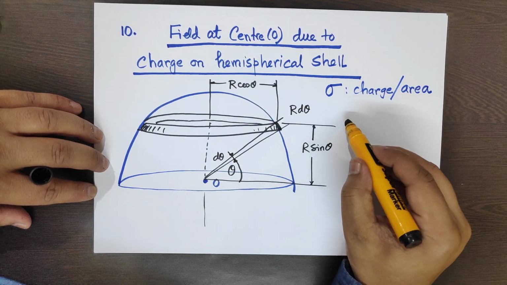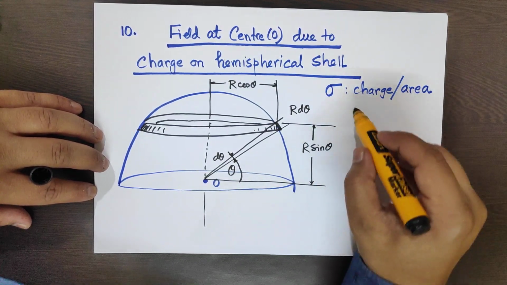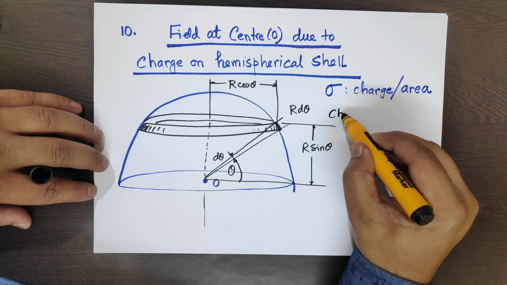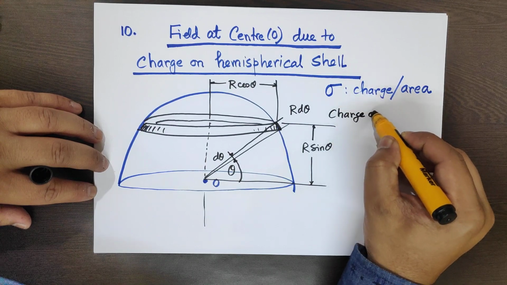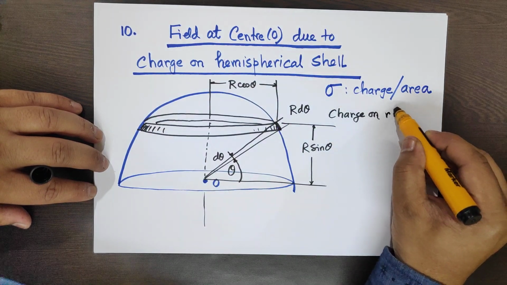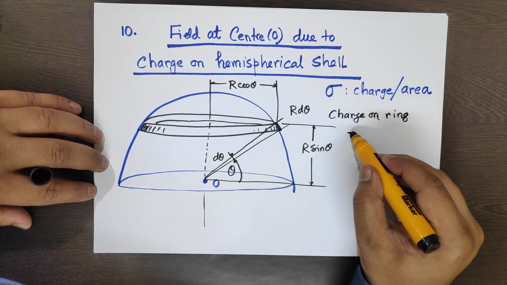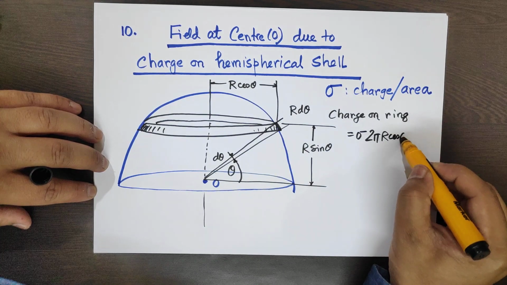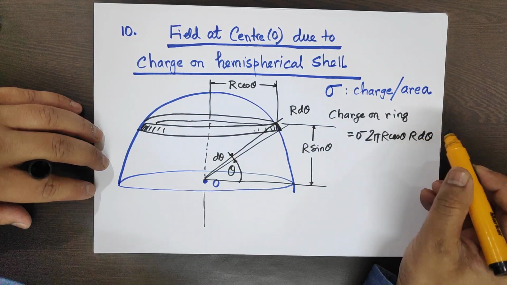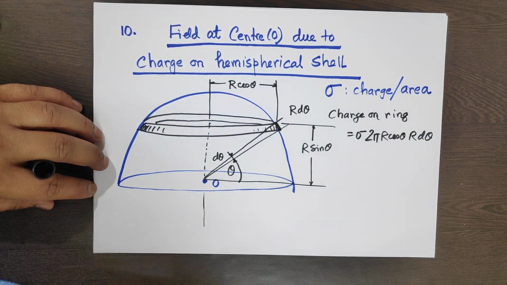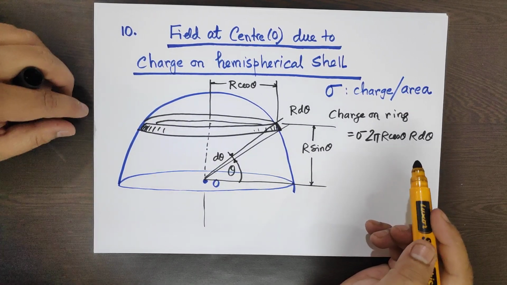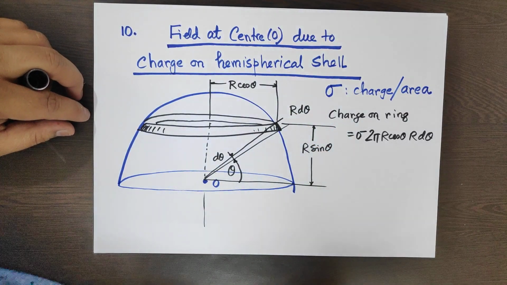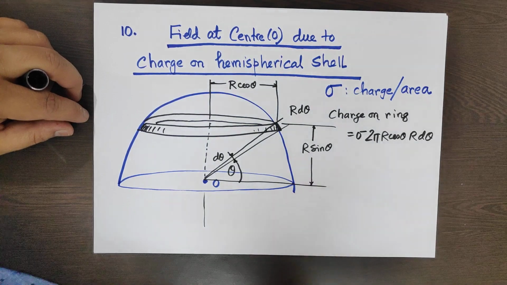Now the charge on the ring is equal to sigma times 2 pi r cos theta into r d theta, because this is the area of the ring, the circumference multiplied by this r d theta.